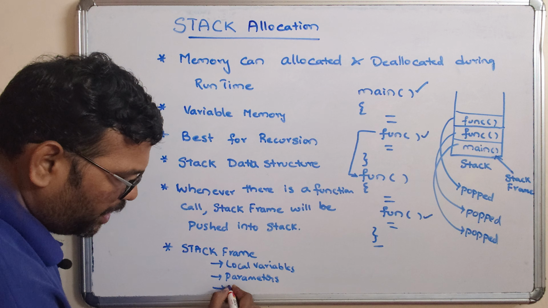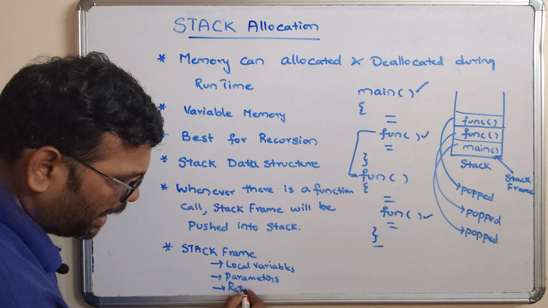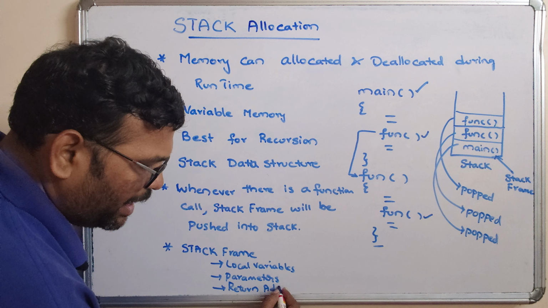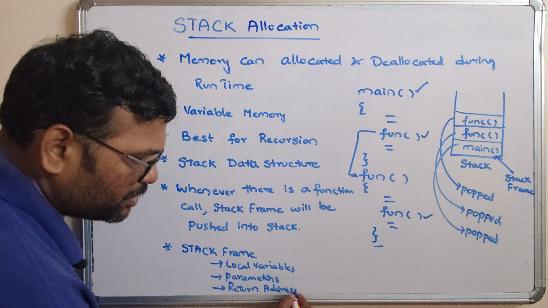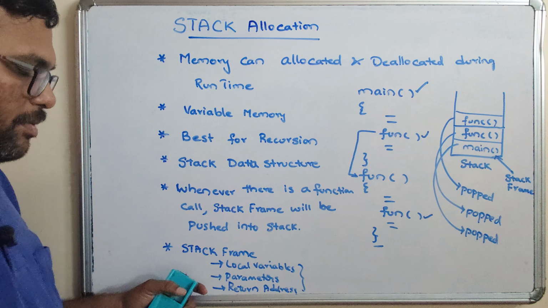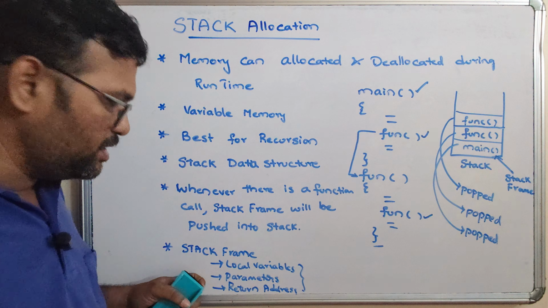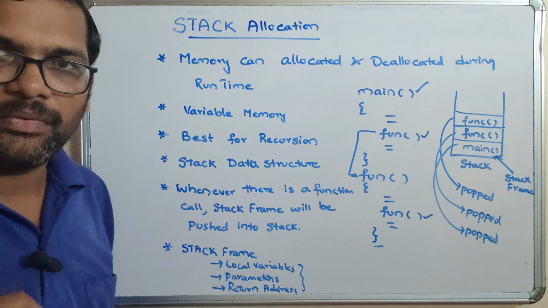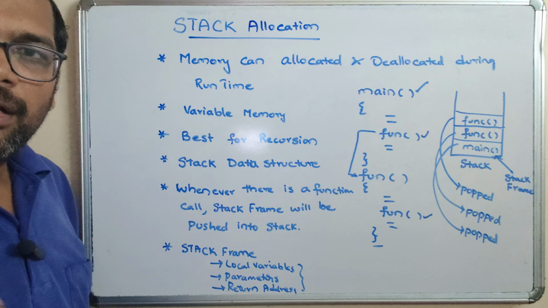Once it is completed, it should return the value to the calling function, so there is a return address. These three are the main fields of a stack frame, that is, an activation record.